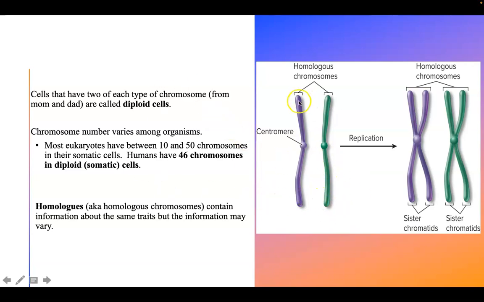So even though they are both talking about the same trait of eye color, this could be coding for blue and this could be coding for green. This could be coding for a different kind of hair structure than this, like one is blonde and curly, one is brown and straight, but they are the same type of gene, just coding for different information. That's what makes them homologous chromosomes.